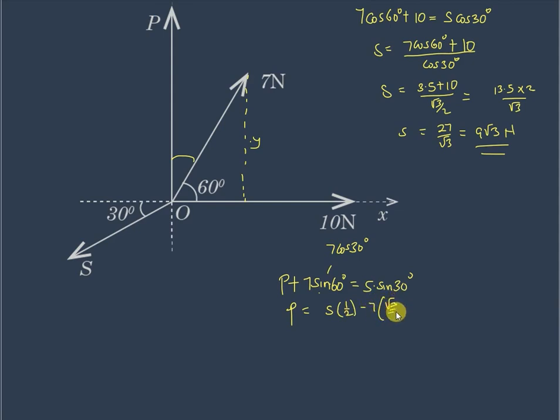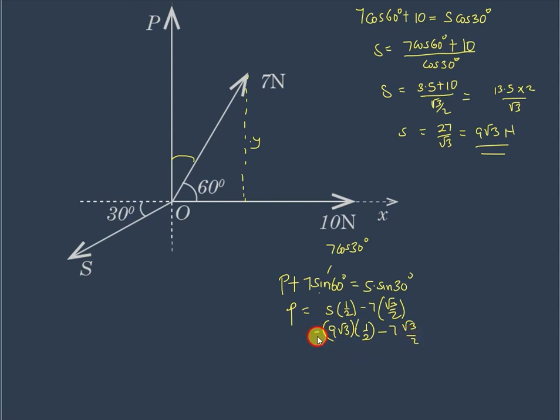And remember, we already have S as 9 root 3, then a half, then minus 7 root 3 over 2.